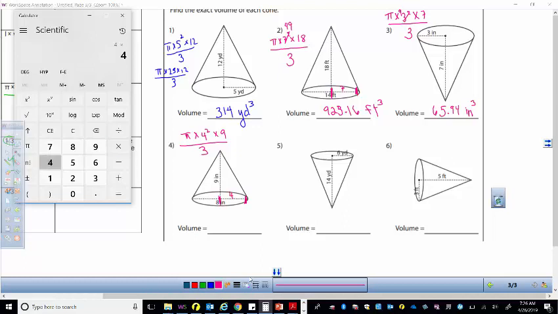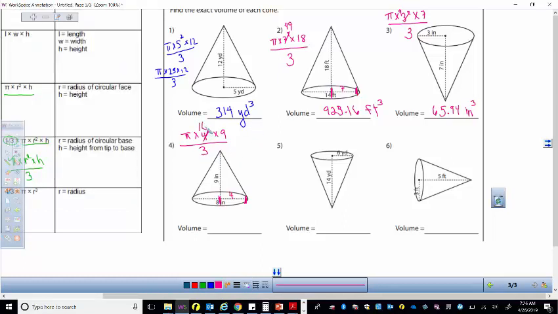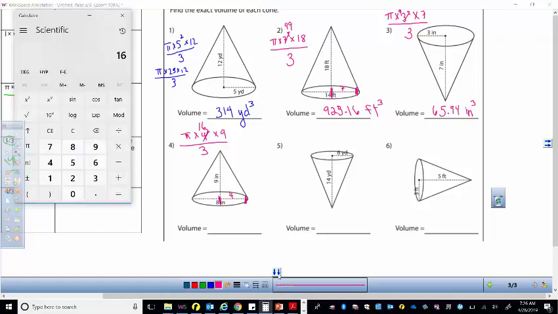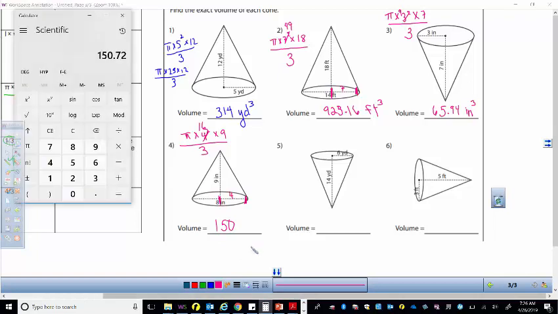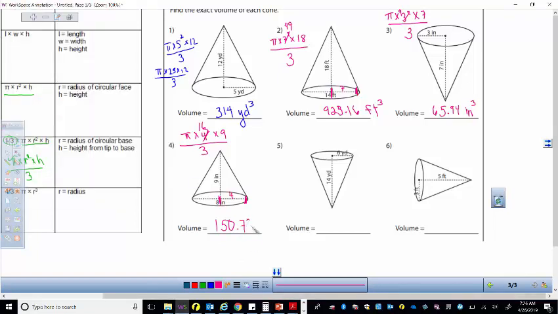So 4 times 4 is 16, so I can make this 16. Now I go back to my calculator, 3.14 times 16 times 9, and then I divide that answer by 3 because it's a cone. So I have 150.72 inches cubed.